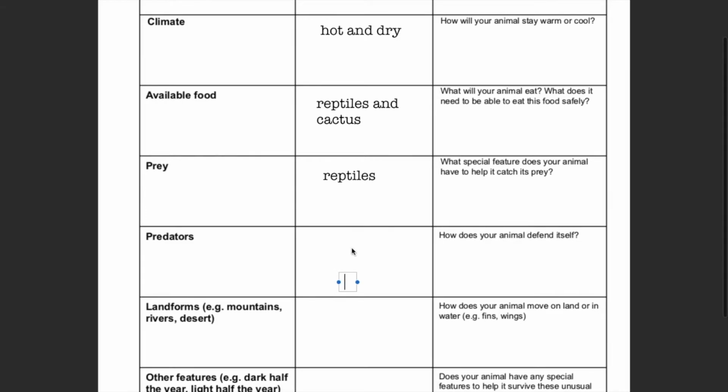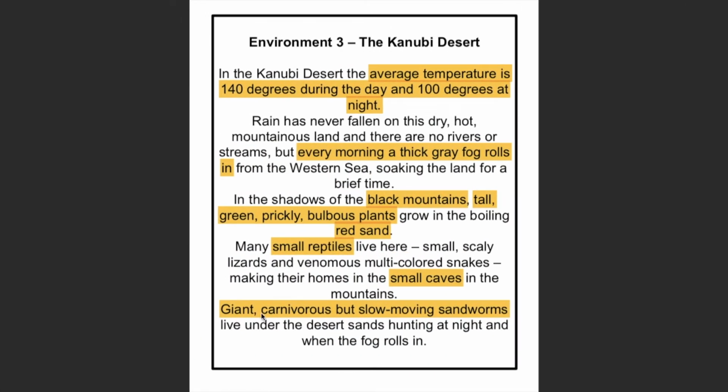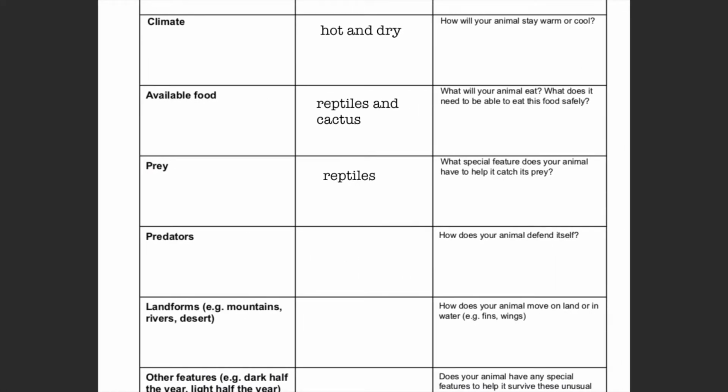What animals are trying to eat our animal? If we go back, we see down here about these giant carnivorous sandworms. Those might be some predators for our animal. So I'm going to write down here that our animal might need some defense from giant sandworms.